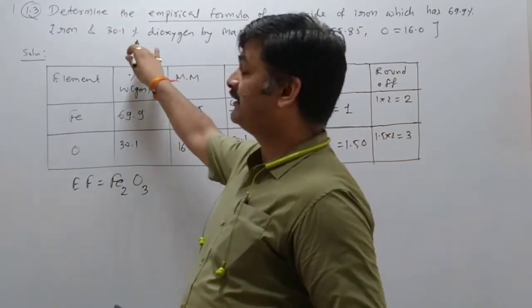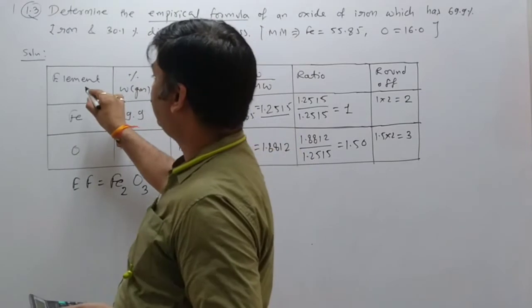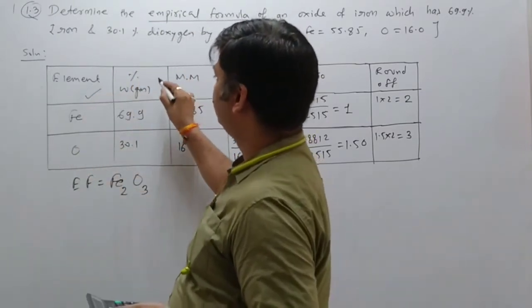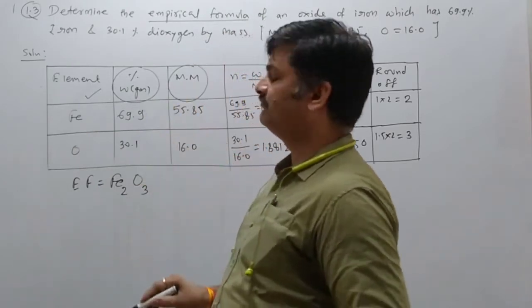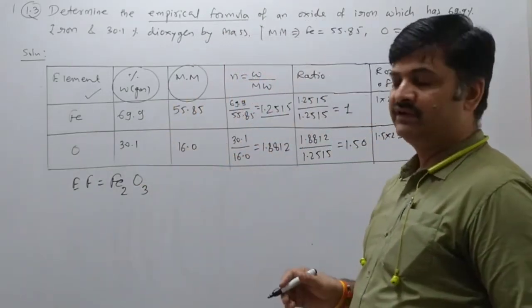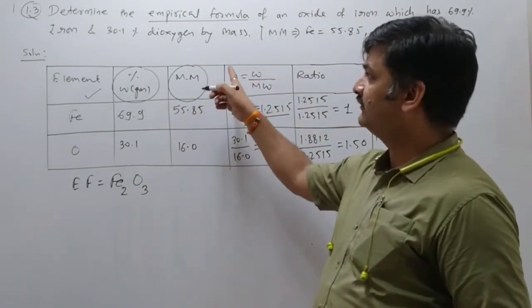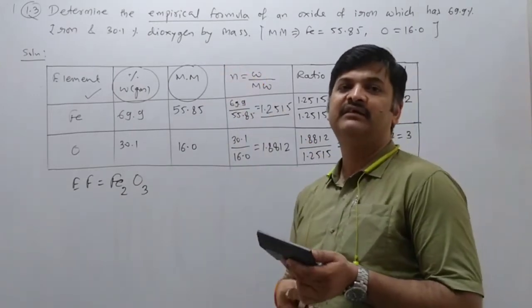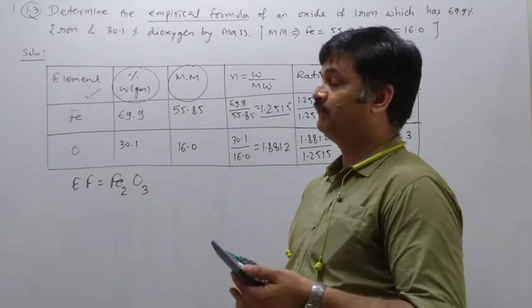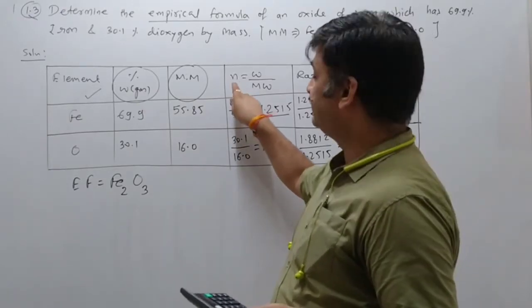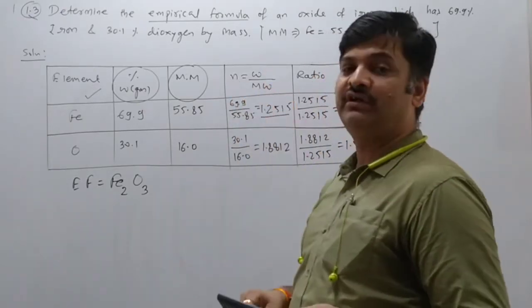So whenever this type of question comes, the element will be specified, percentage will be given, and molecular mass will also be given. Here you have to find out, see, whatever percentage is given, it is normally known as the weight of that sample in gram. So mole is weight upon molecular weight.